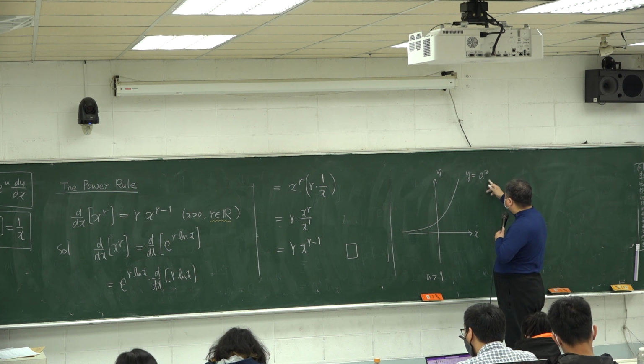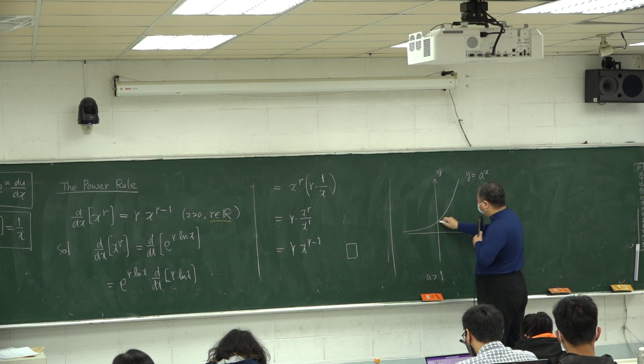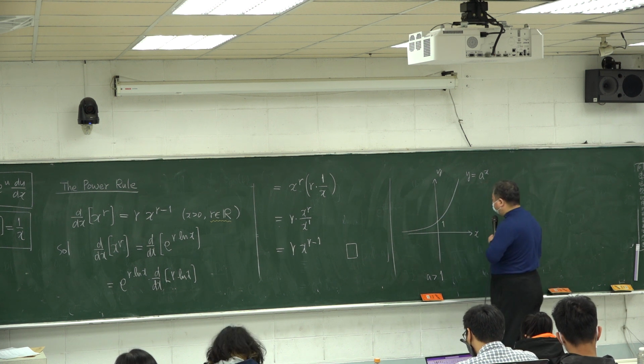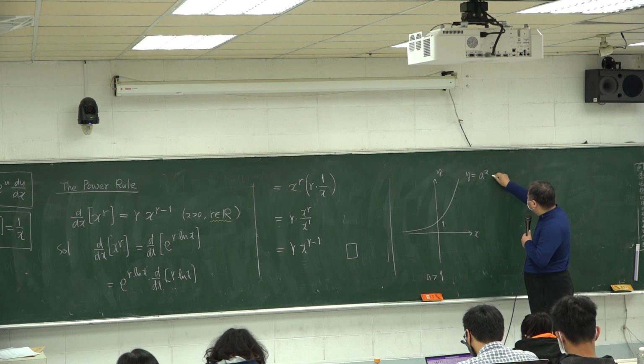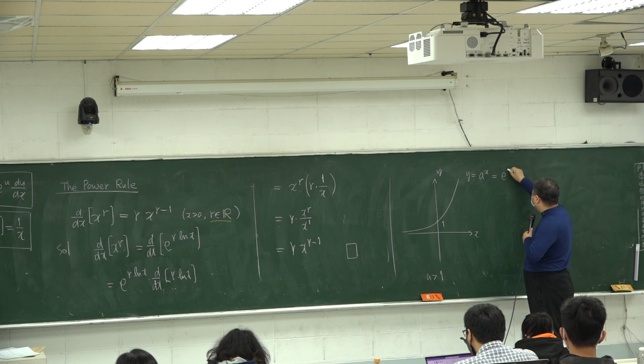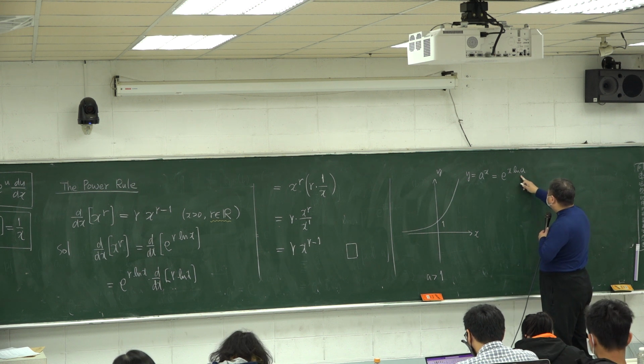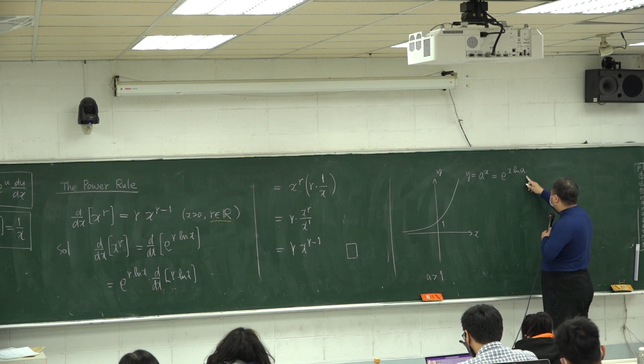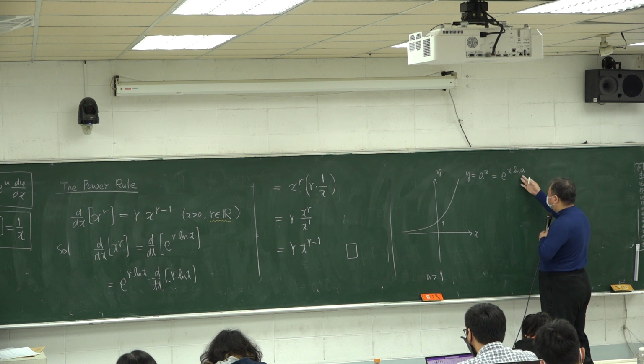The graph of this exponential function looks like this. Again, the reason is this one is defined to be e to the x ln a. So if ln a is a positive number, for example, this is 2.